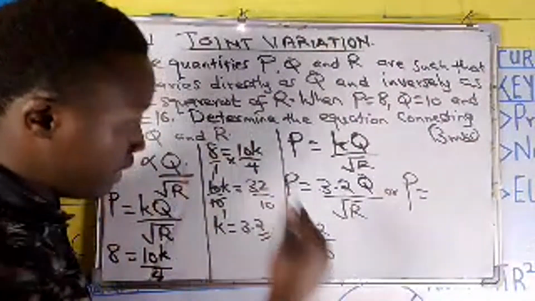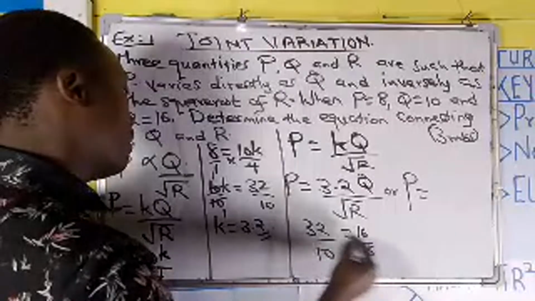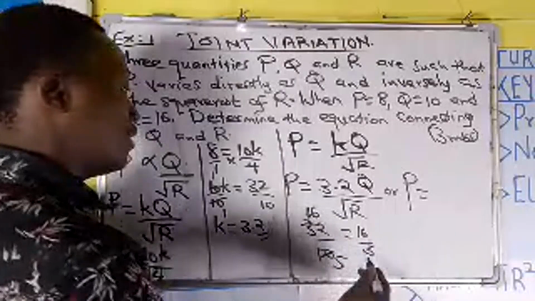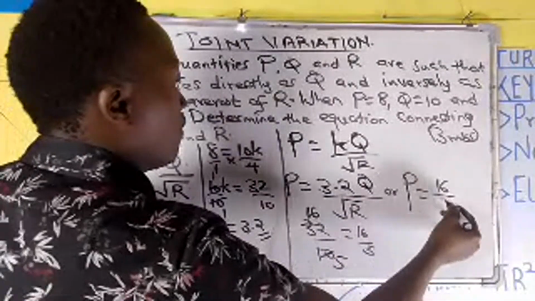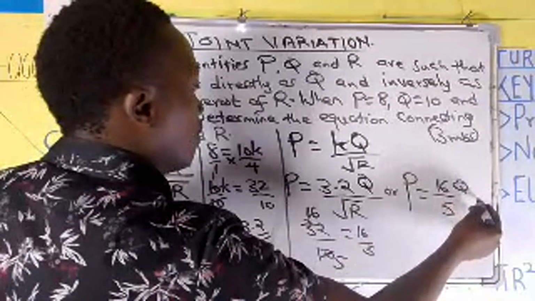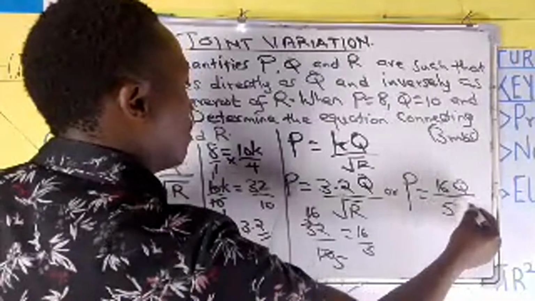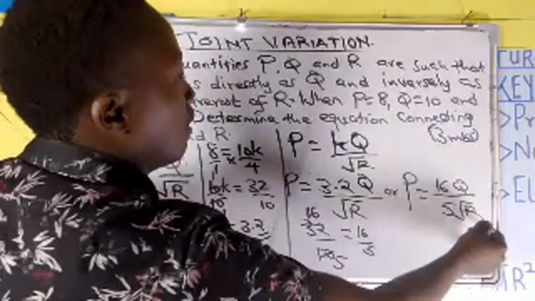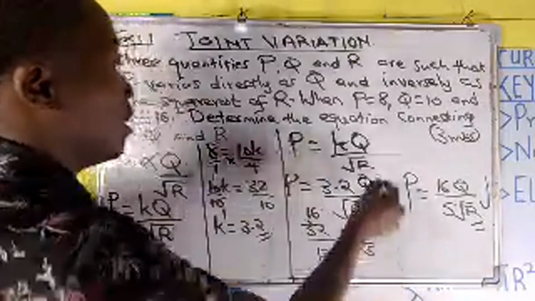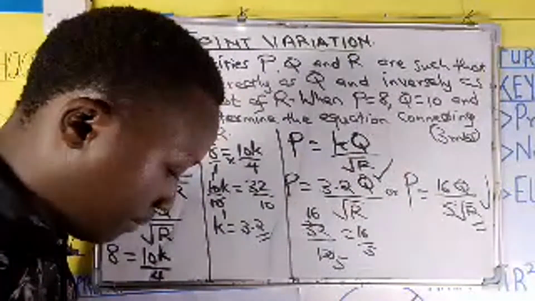So 32 over 10 is the same as 16 over 5, dividing by 2. So it can also be 16 over 5, Q over the square root of R. And that is okay also. And that one is also correct.